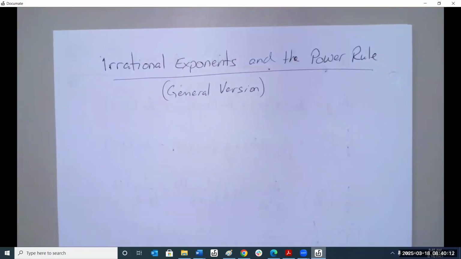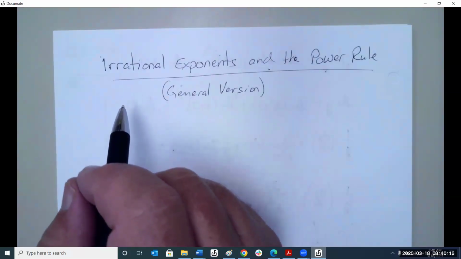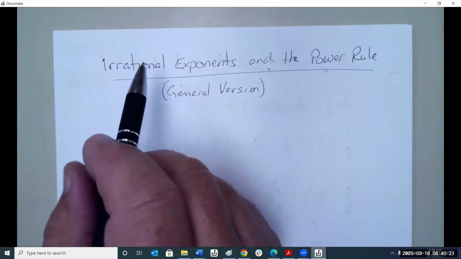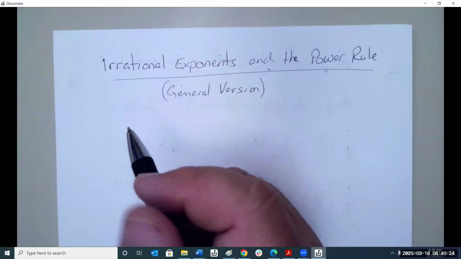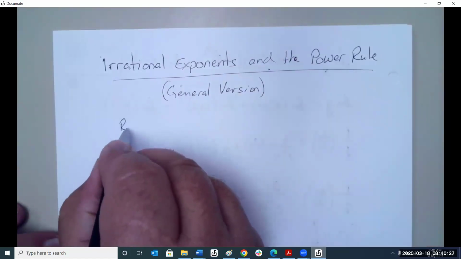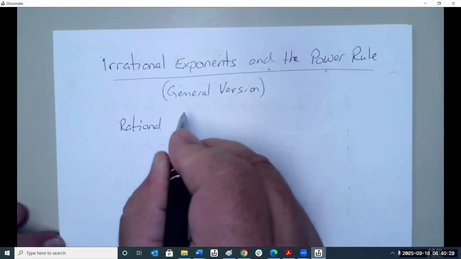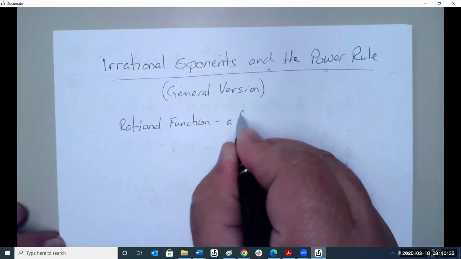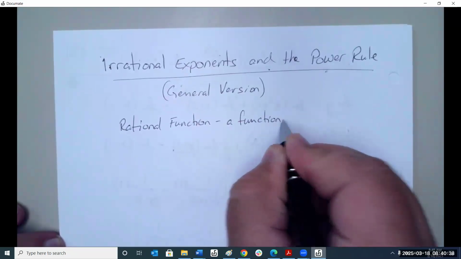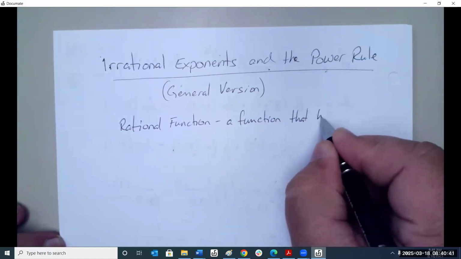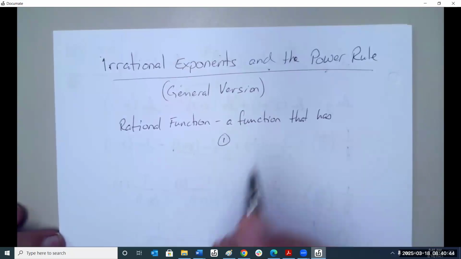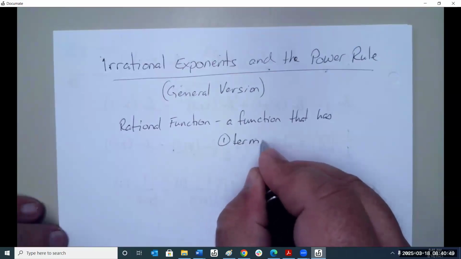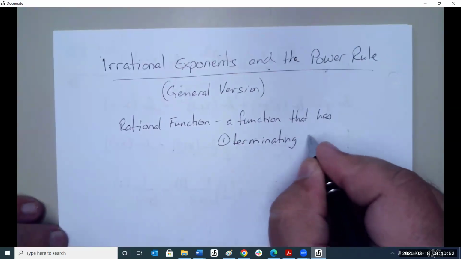By definition in mathematics, if a function is not rational, it's irrational. So all it says is an irrational function is a function that's not rational. So what is a rational function? A function that has terminating decimals.